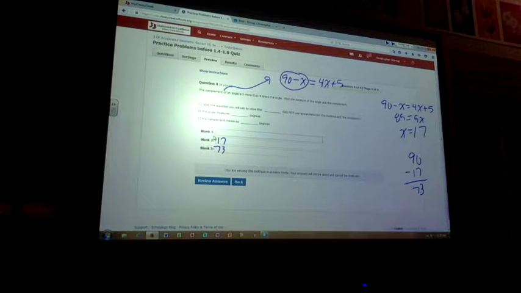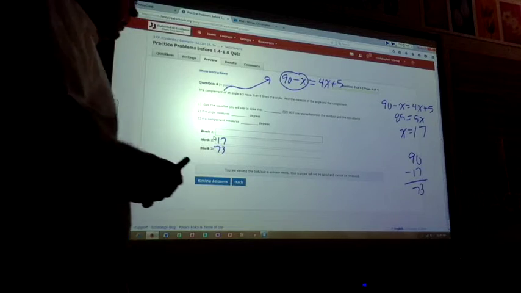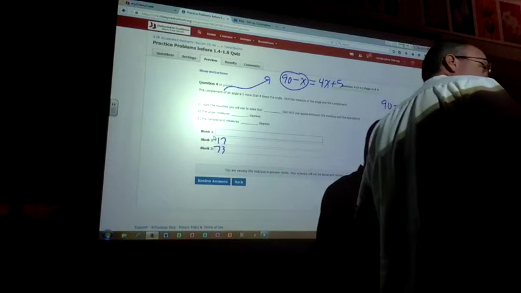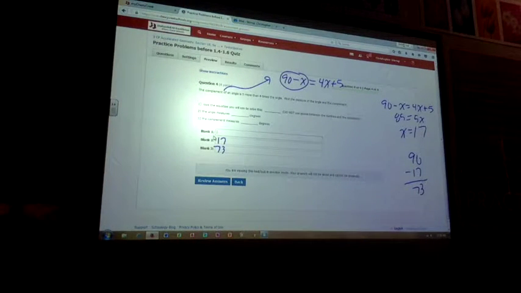Okay, did it tell you a grade? What gives it 90 minus x equals 4x plus 5, as long as that was your first answer. Does it tell you a score? How many is it out of? 4.